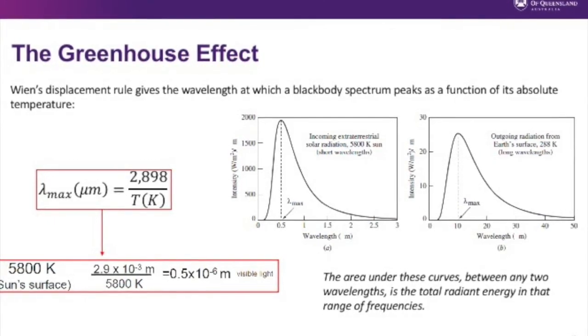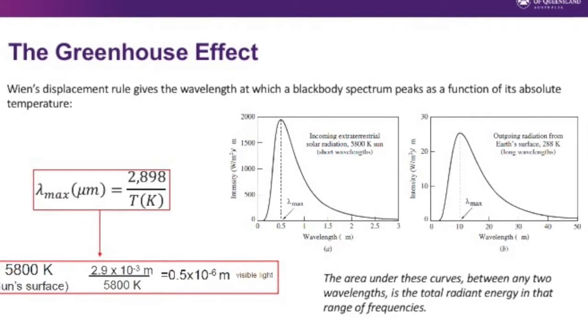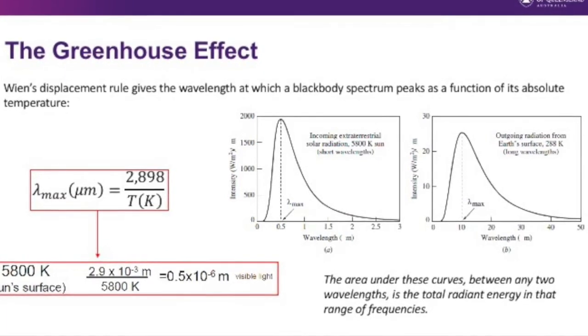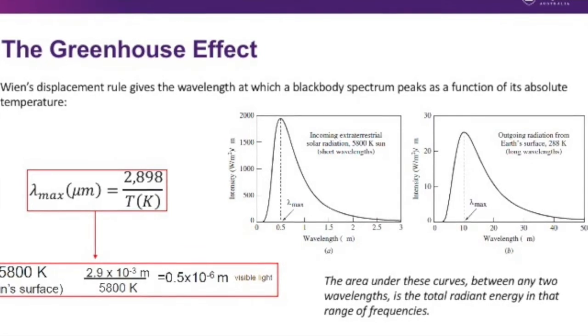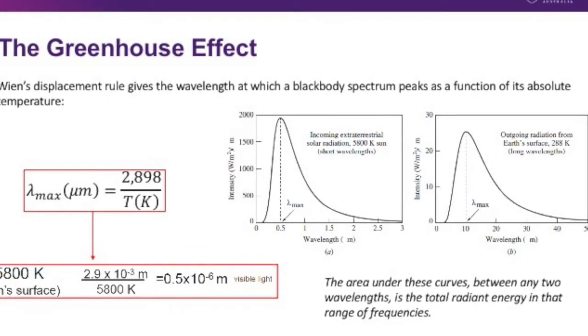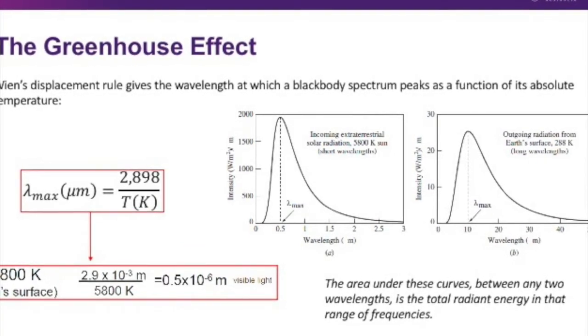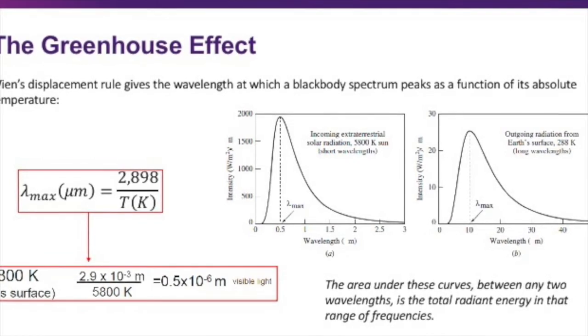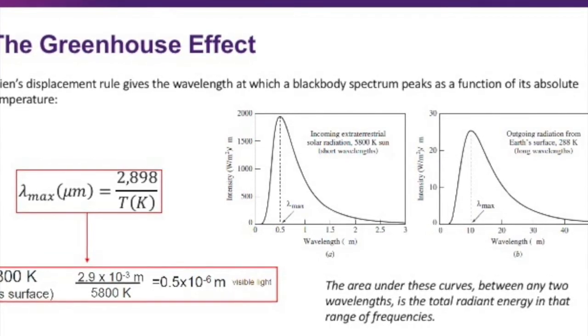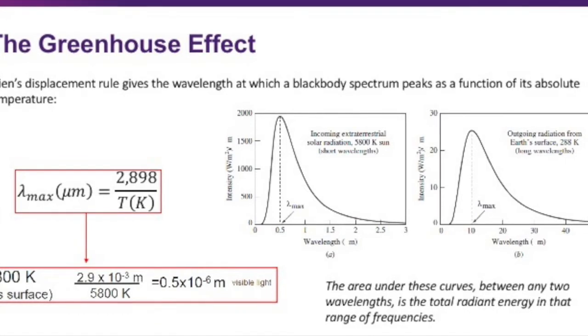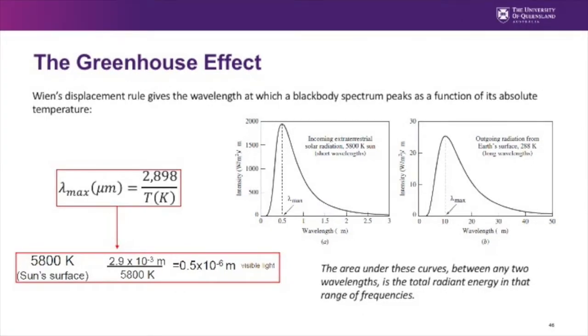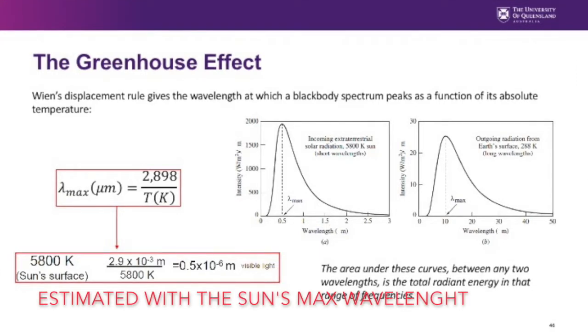And with this relationship, you see that if the temperature of a body is high, the wavelength of radiation will be short, and it will be the opposite if the temperature of the body is low, right? So the sun can be represented as a black body with a temperature of 5800 Kelvin.